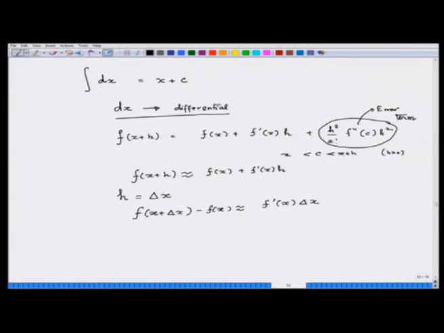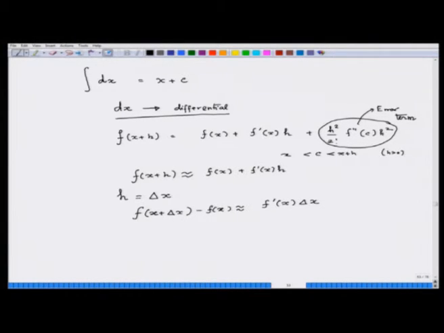So, this was a symbolism of the infinite, something called infinitesimal, and people were using that, but do not get bogged down in all these things. Let us just look into this very simply. What does it mean? As delta x becomes smaller and smaller, this approximation becomes better and better.